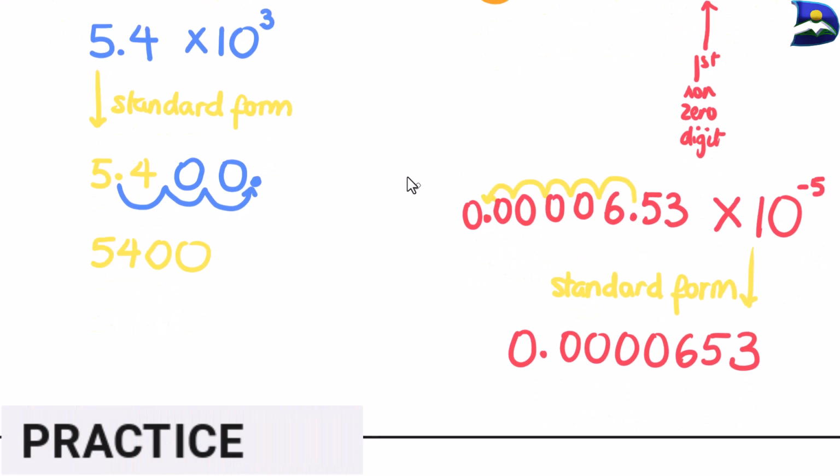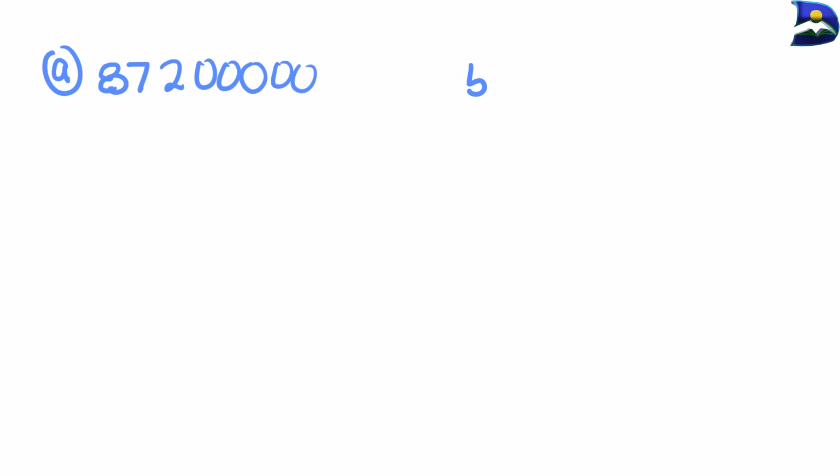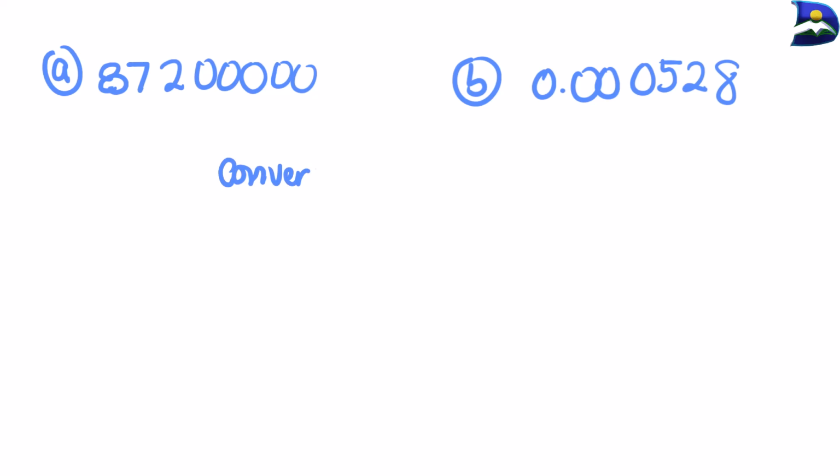Remember also that you can try this for any question. And so what I'm going to challenge you to do is to do this for 8. We have 7,200,000. Let's put it that way. And for B, you're given the number 0.0000528, and your goal is to convert to scientific notation.